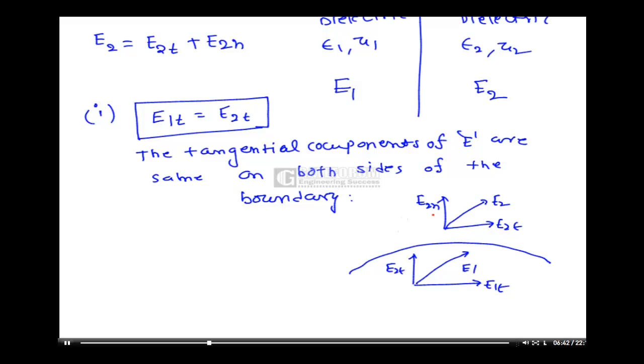Here I am not going for the derivation. We can derive this one, and you can refer to any standard textbook for the standard derivation. Just remember the boundary condition: tangential components are equal.